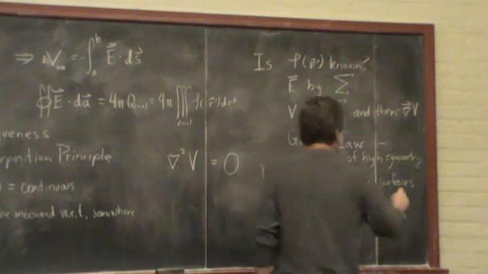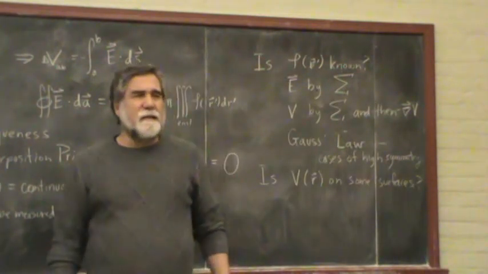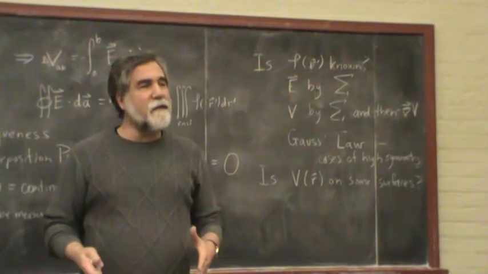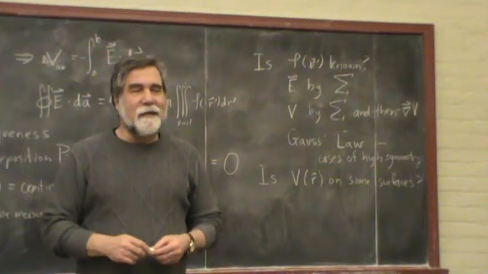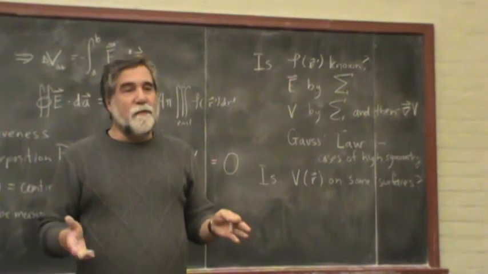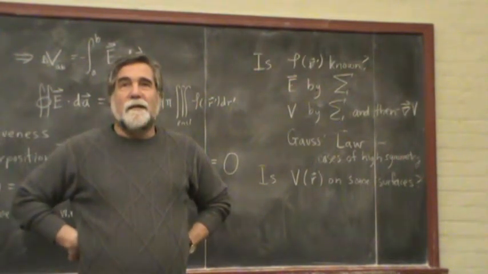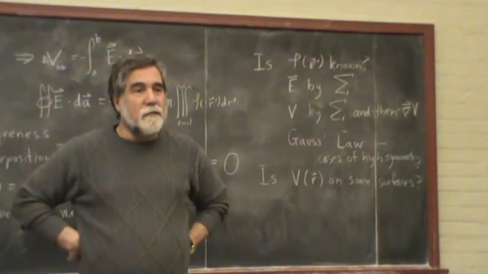If the potential is known, and I actually have to confess that I haven't thought that much about how much information you have to be given in order to solve a particular problem. Normally, in the problems that we've solved, you've needed 2 boundary conditions for each axis in the problem.